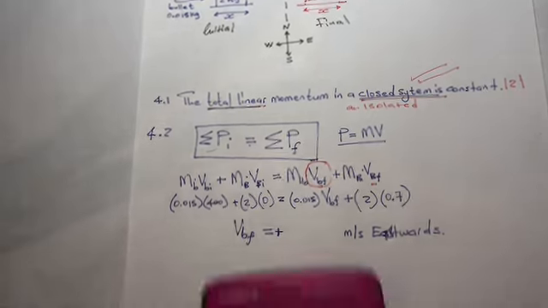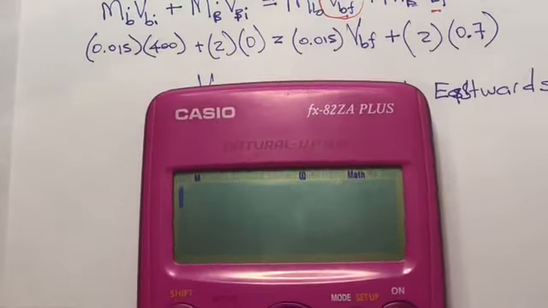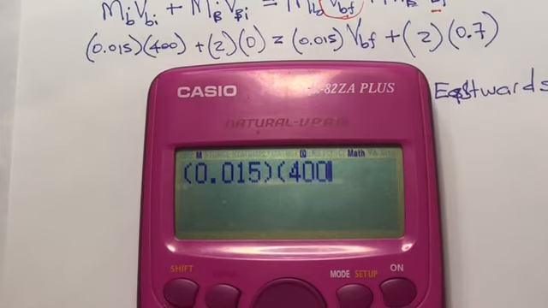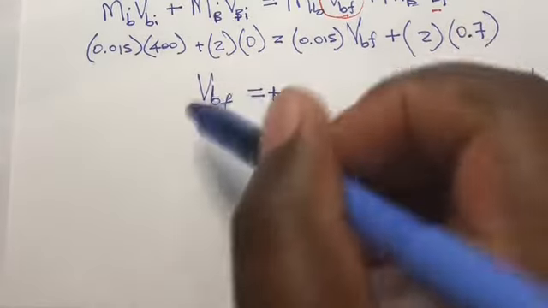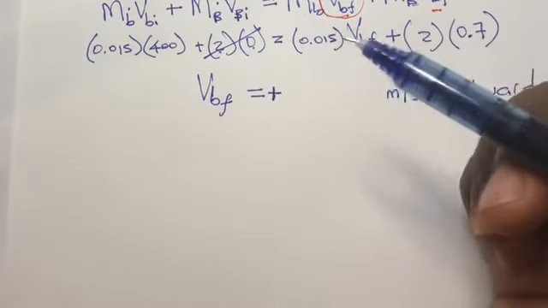So let's see. I'll just do the calculation part. I hope you can clearly see. So in brackets, I've got 0.015 times 400. Remember, guys, this part is actually 0 because it's 2 multiplied by 0, which is 0.